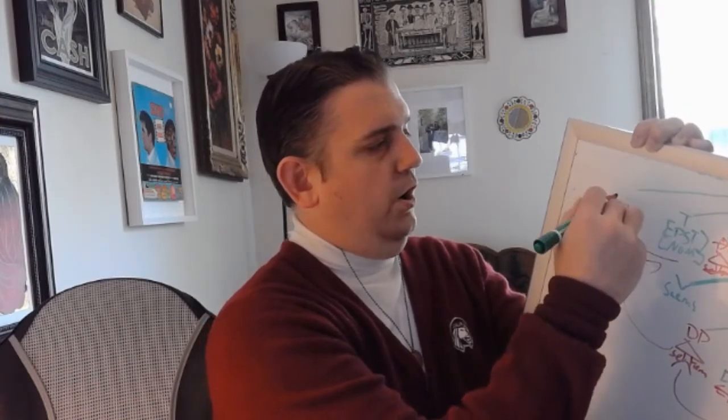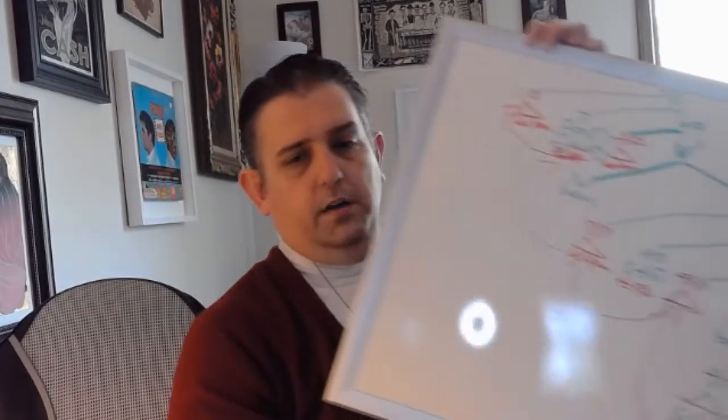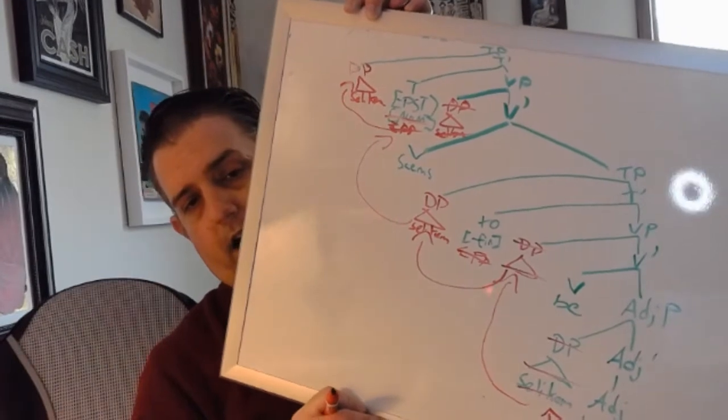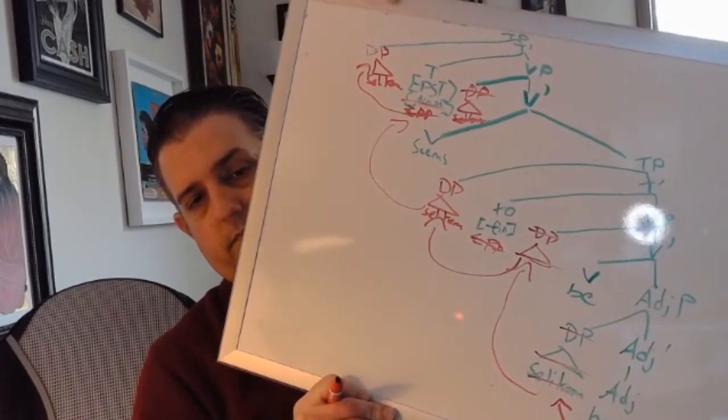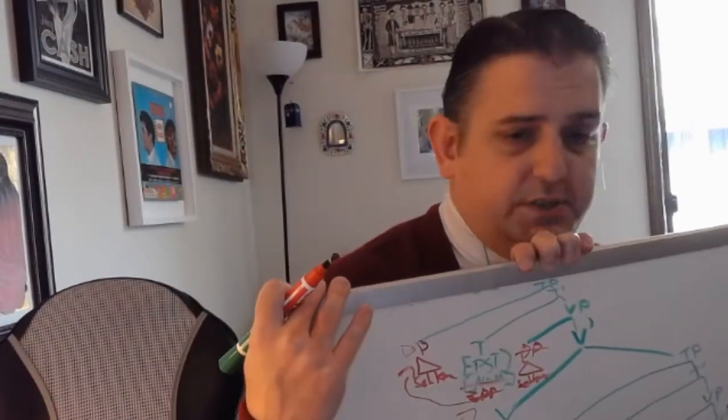It'll stop off in this embedded specifier of V position, and then raise all the way up into the matrix TP position, where it'll get its nominative case and check the EPP feature of the highest TP. And that gives us our pronunciation. Celicum seems to be happy.